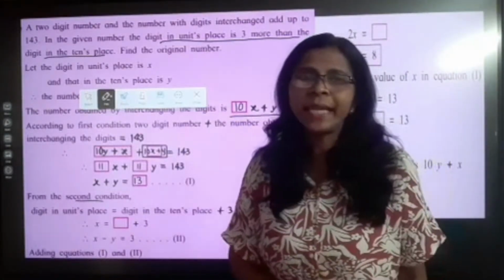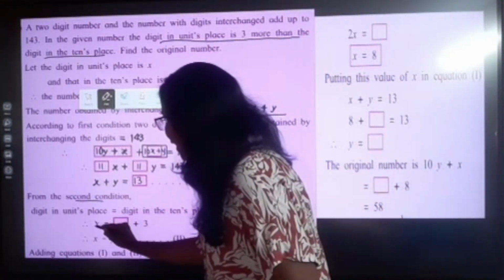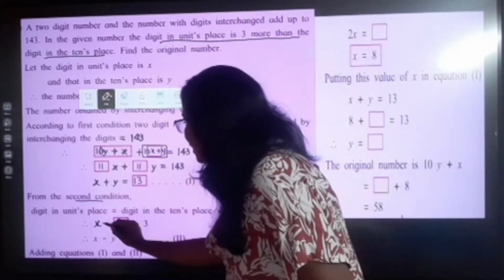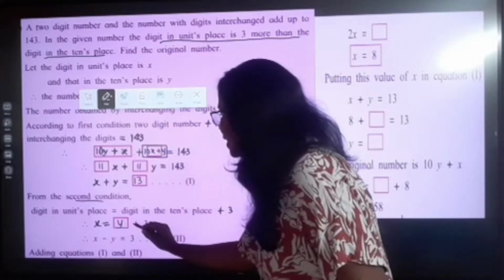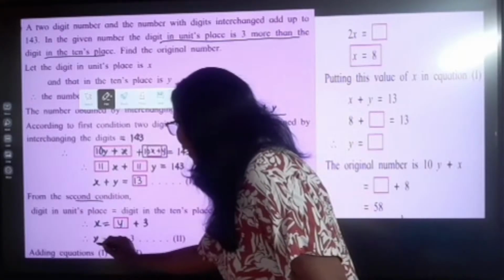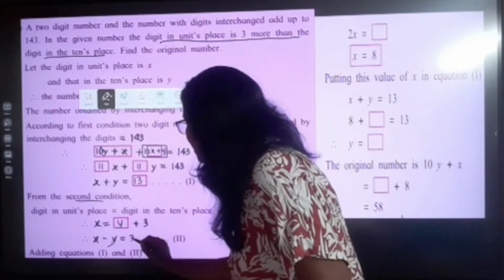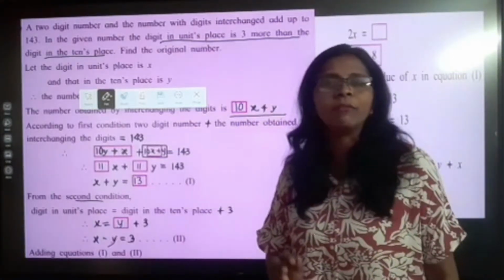So this is the second condition. Therefore x is equal to y plus 3. Then x minus y is equal to 3, and call it the second equation.